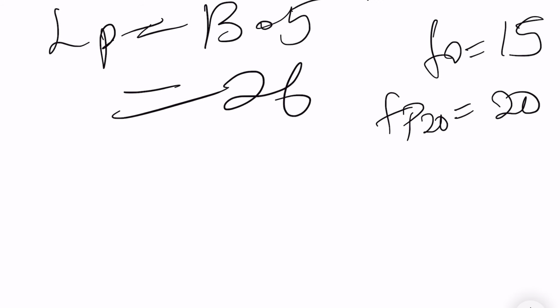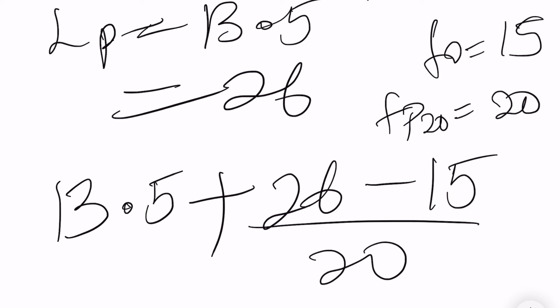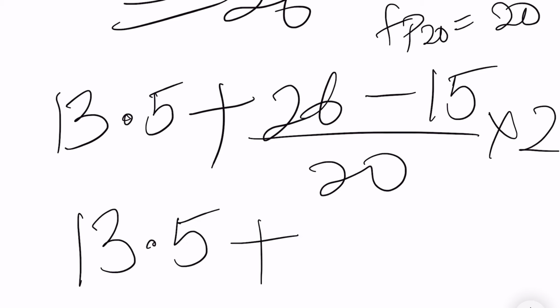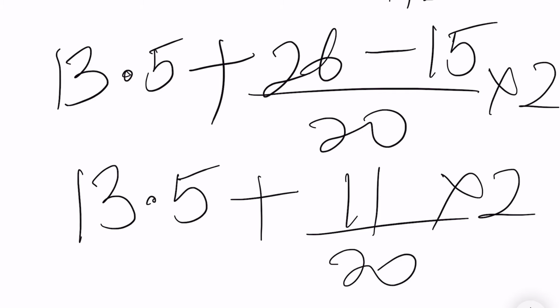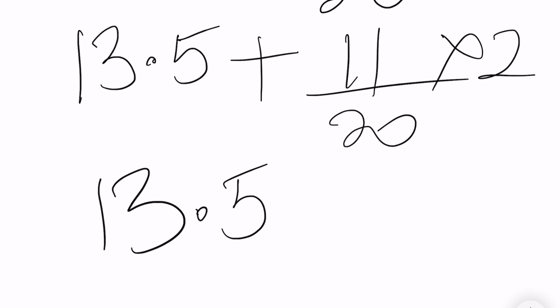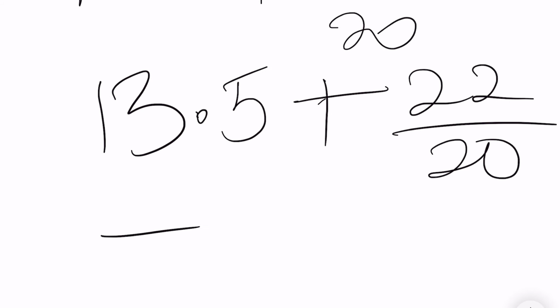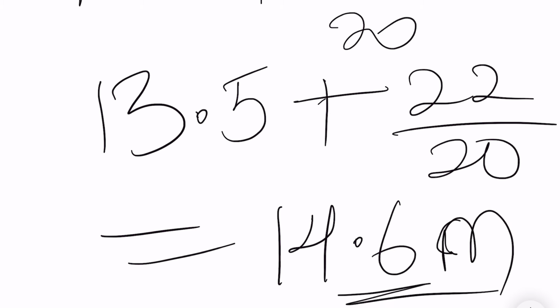So we have 13.5 plus 26 minus 15 over 20 times 2, which is 13.5 plus 11 over 20 times 2, so 13.5 plus 22 over 20. We have it to be 14.6 meters.